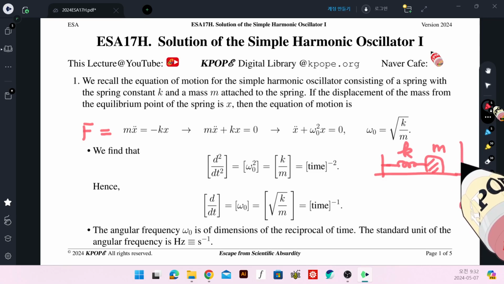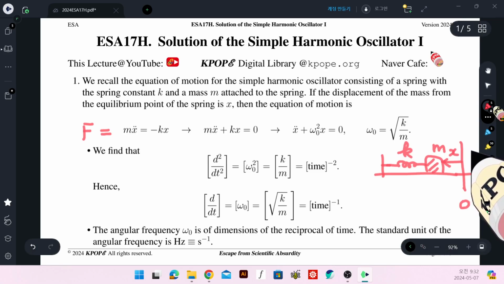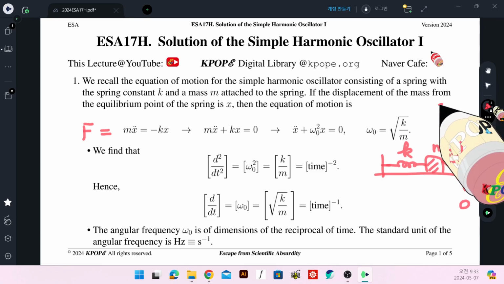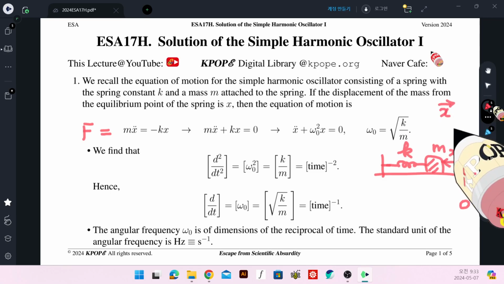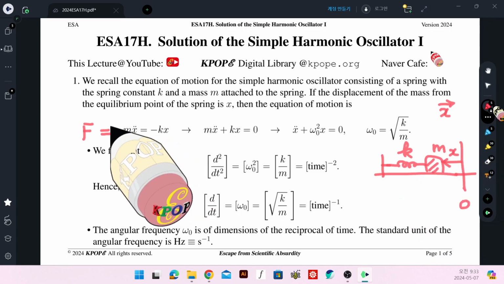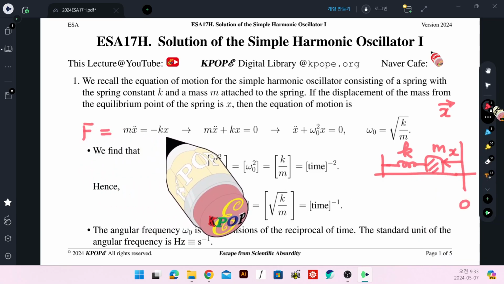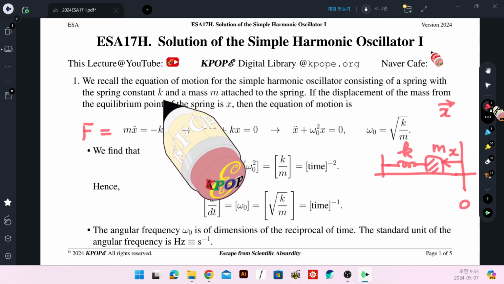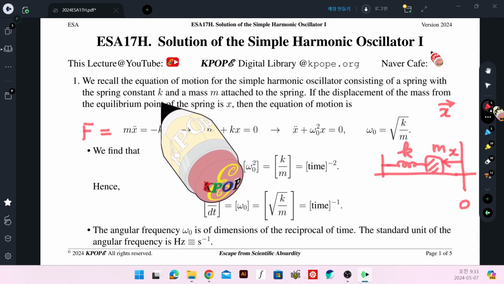Because we consider one-dimensional motion, we don't have to attach an arrow on top of the letter x. The force is minus kx. Here, k is a spring constant that is assumed to be a positive number.